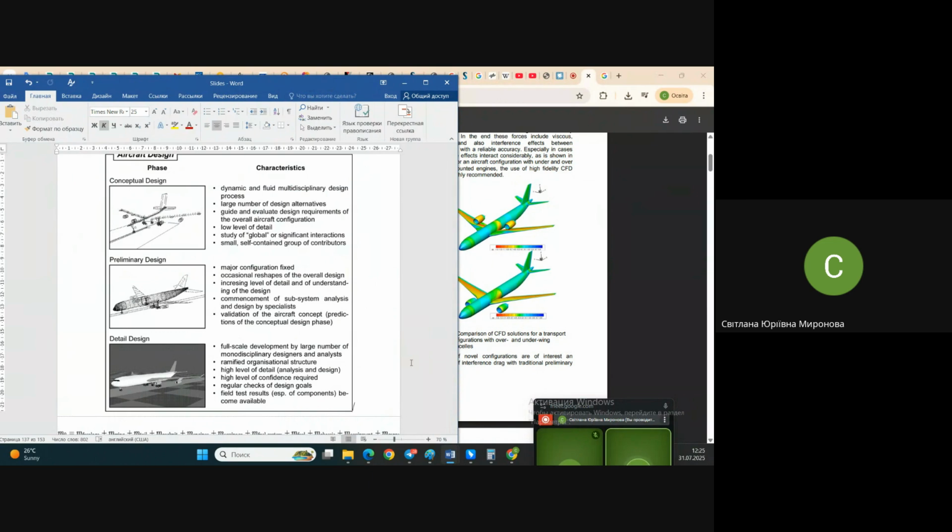And each additional gram of fuel, let it be per kilogram of lift, you multiply it by the period of flight, by some hours, and you also multiply it by the years of operating this airplane.